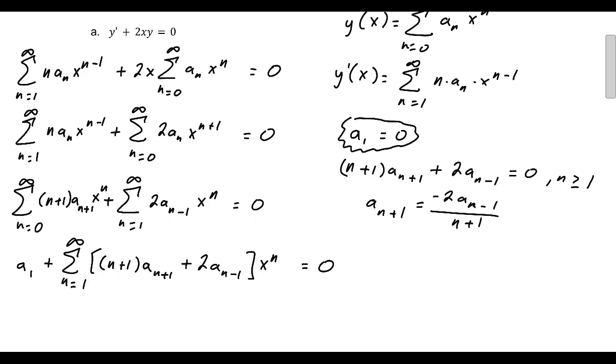So if I take n equal to 1, for instance, that would tell me that a sub 2 is equal to negative 2 a sub 0 all over 2, which would be equal to negative a sub 0.